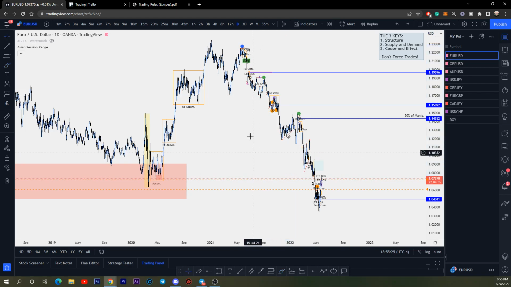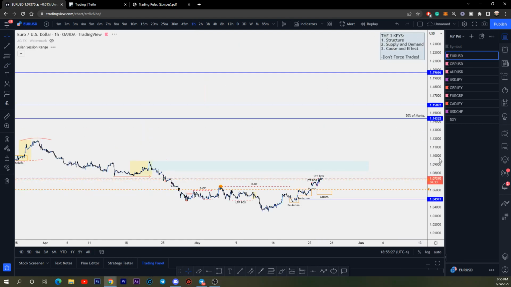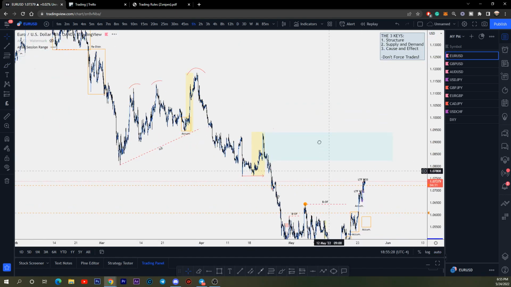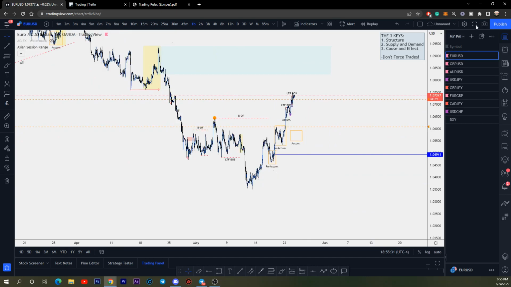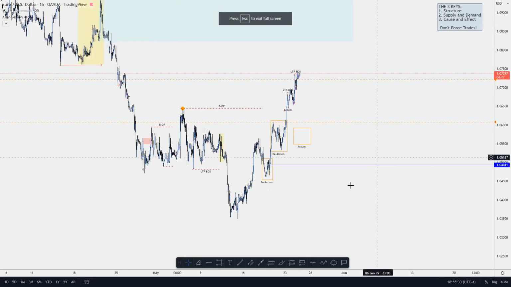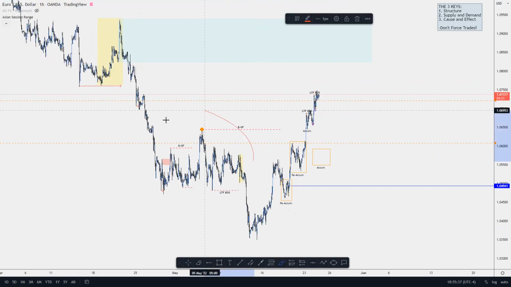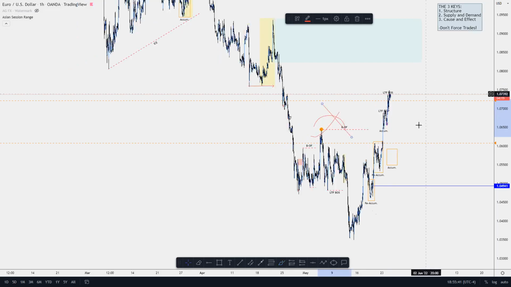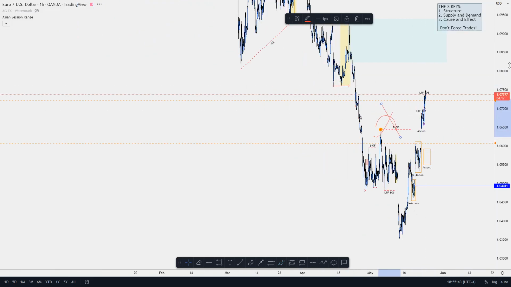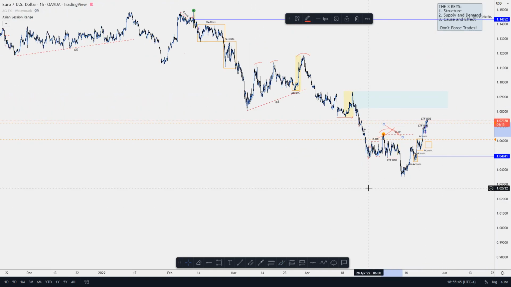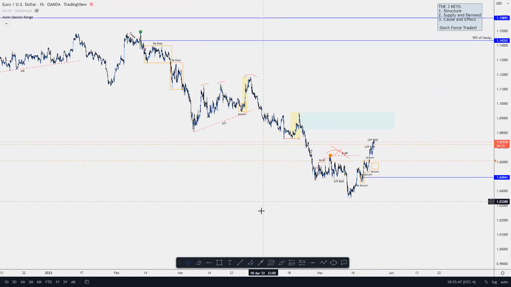Now zooming into here, we see that this latest area of supply has recently got invalidated. So what does that mean? Well, who's in control of the market? Are sellers in control of the market or are buyers in control of the market?